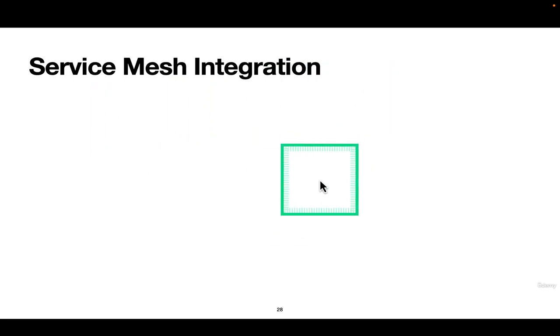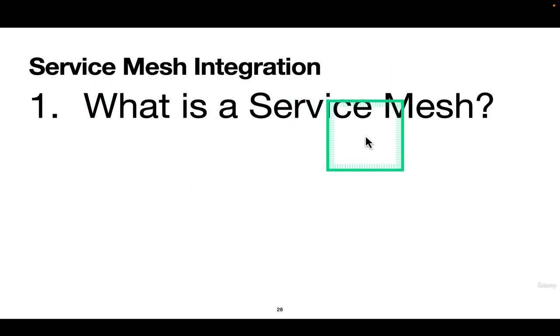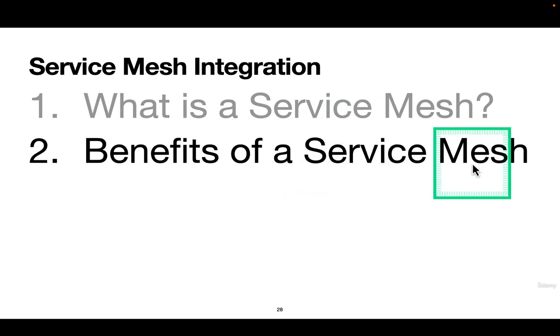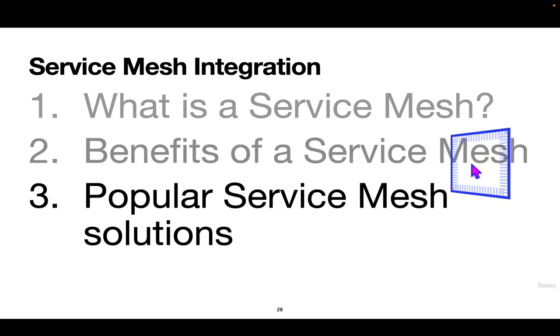Service mesh integration. So what is a service mesh? A service mesh is a dedicated infrastructure layer designed to facilitate service to service communication in a transparent and reliable way, often implemented as a collection of sidecar proxies. Benefits of a service mesh. Integrating a service mesh with Kubernetes services can provide benefits such as enhanced observability, advanced traffic management, and security features like mutual TLS authentication.